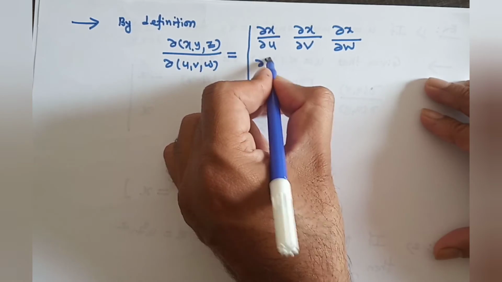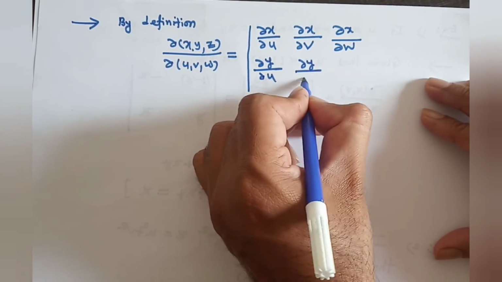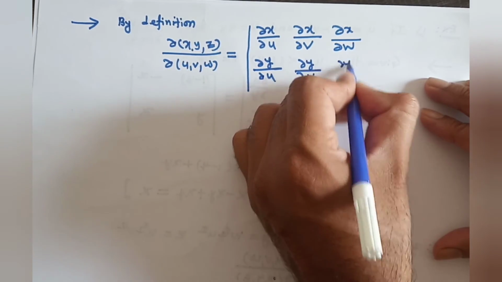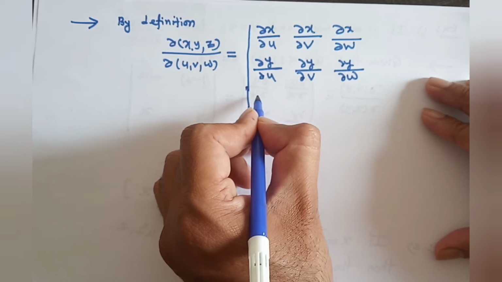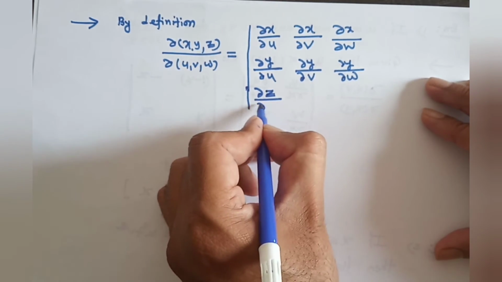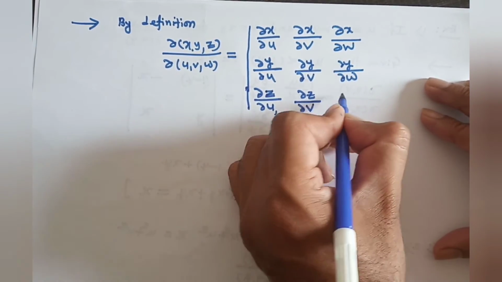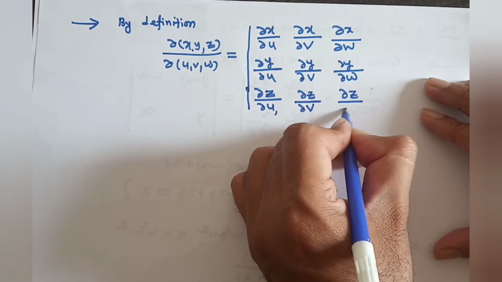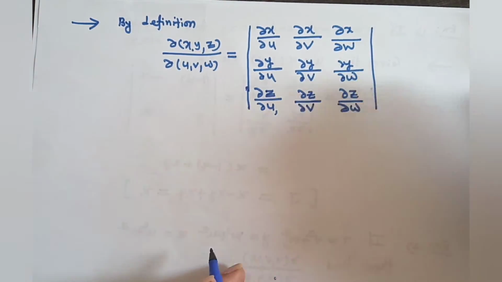Second row is y with respect to u, y with respect to v and y with respect to w. Third row is z with respect to u, z with respect to v and z with respect to w. This is a 3x3 determinant.